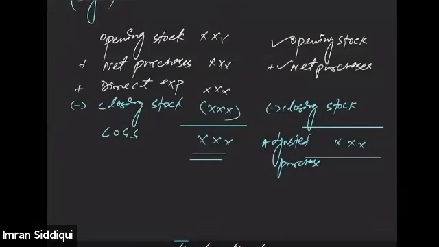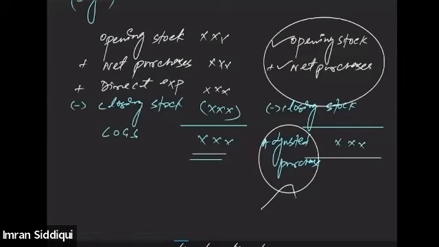If the adjusted purchases are given, then in that situation, keep in mind that this is the adjusted value of all these values, opening stock, net purchases minus closing stock, collectively called adjusted purchase.